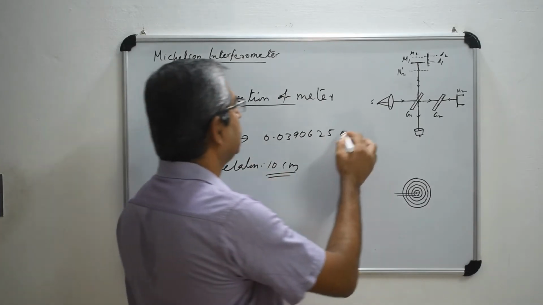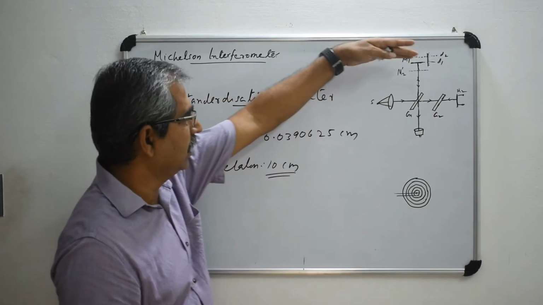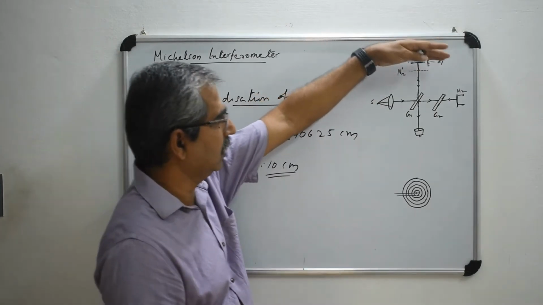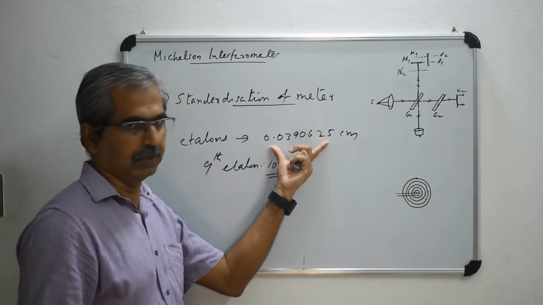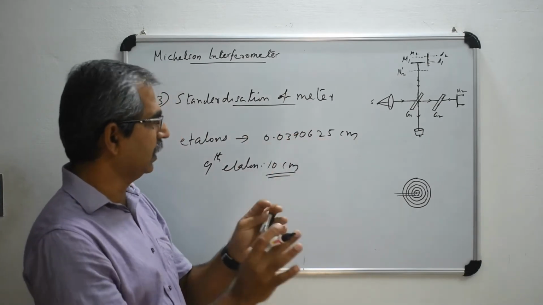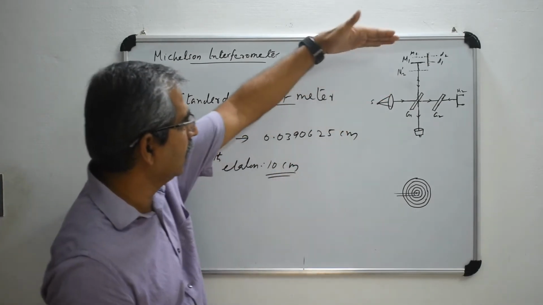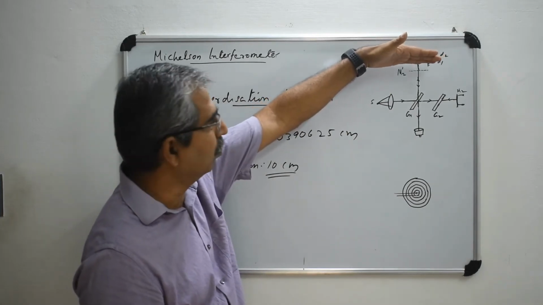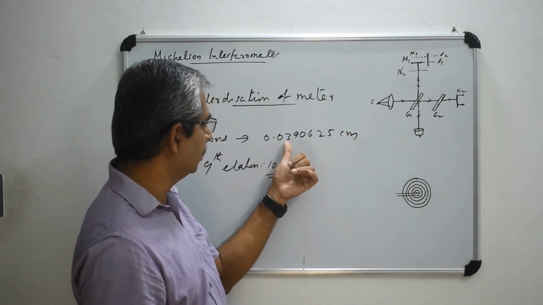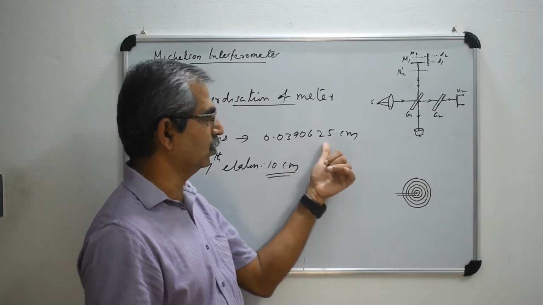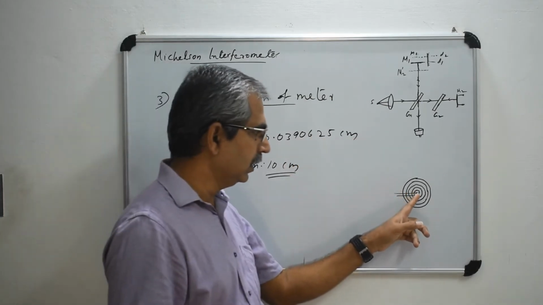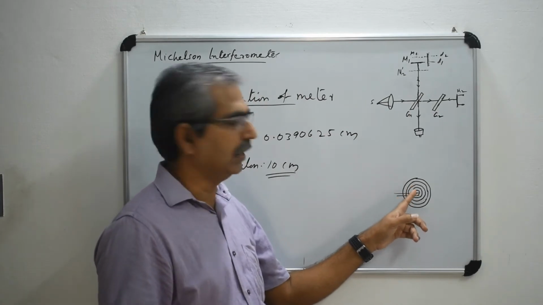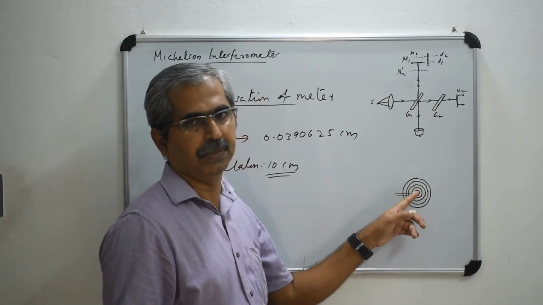Actually, there will be two different mirrors arranged, separated by this much distance. Now, say m1 is initially moved through a distance of 0.03900625 centimeter. Then you can count the number of fringes appearing or disappearing at the center.